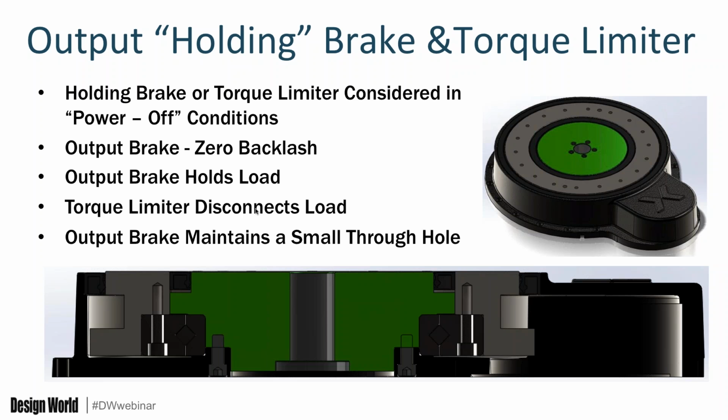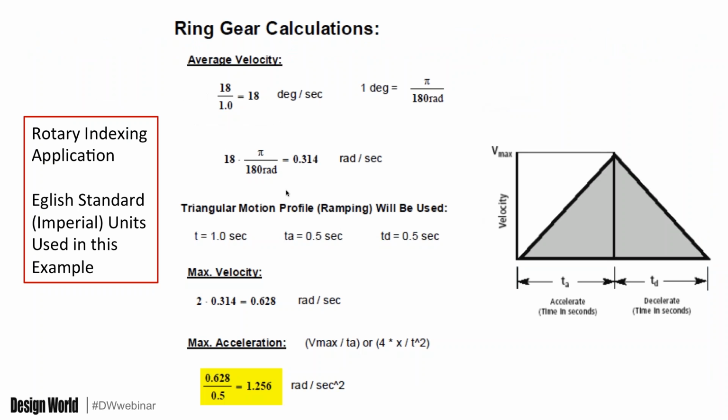And by doing this, it doesn't increase the overall package size. You still maintain a small hole through the output center as well, and therefore you can still use it for the plumbing that we talked about earlier. This is a nice feature because you are holding the load at the output itself. So something to consider whenever you're looking at your application.